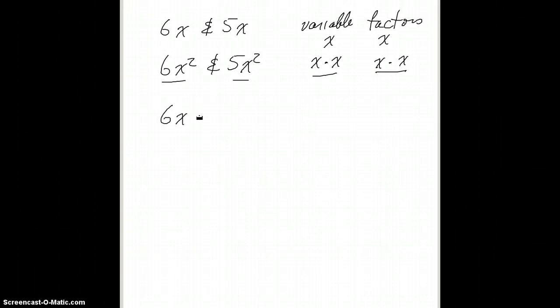Now 6x and 3x squared. Well, let's look at their variable factors. x and x times x. These do not look alike at all.